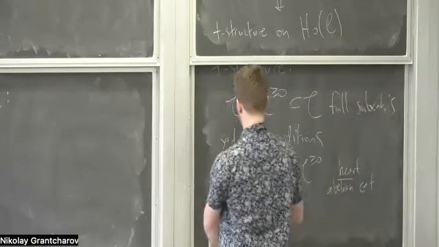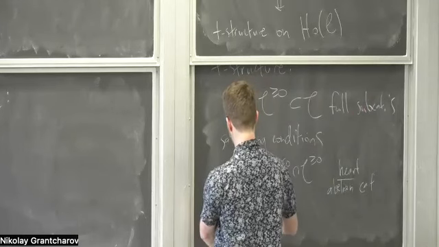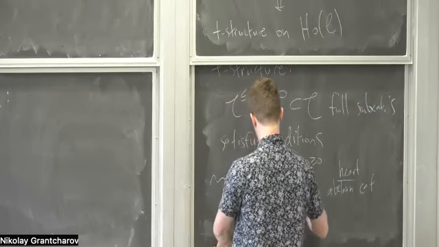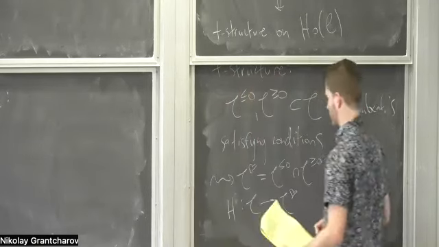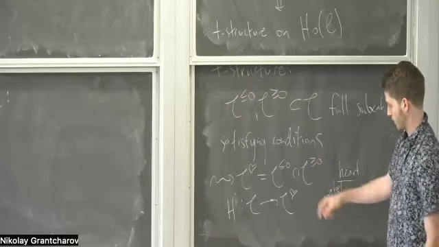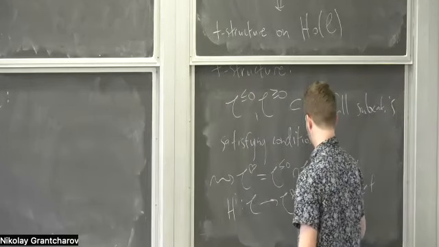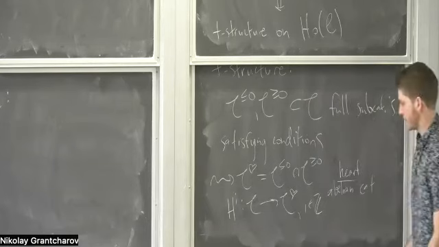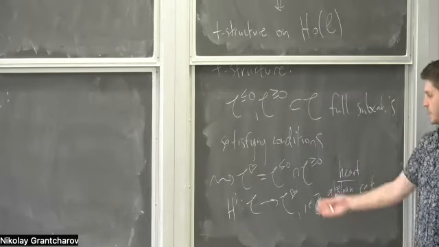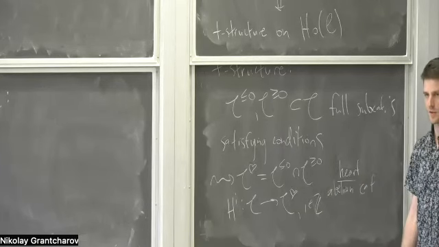And from these axioms, we also get some associated homology functors. These are functors that allow us to pass from an object of C to an object in the heart of C. And these have the feature that if I start with an exact triangle in C, I get a long exact sequence on these homologies.